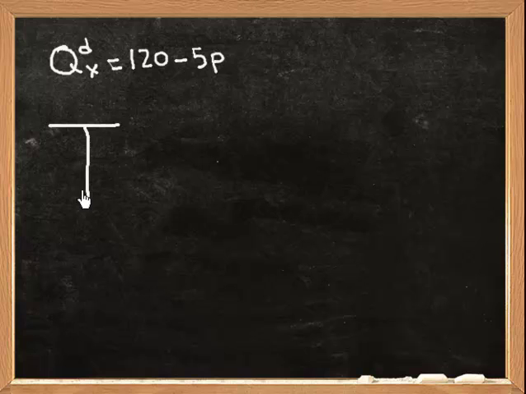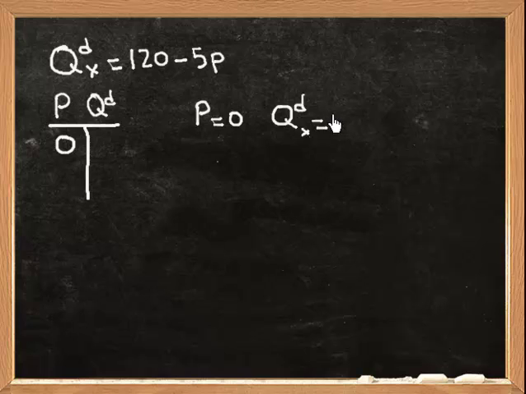So let's start by constructing a table for values of P and quantity demand. When the price of the product is 0, how many units will be demanded? Well, if the price is 0, we can replace 0 into the demand expression and find that the quantity demand of this commodity X will be equal to 120 minus 5 times 0.